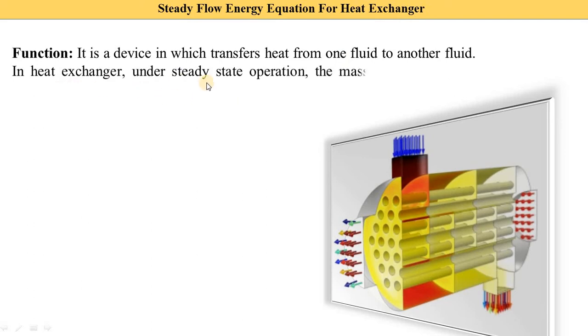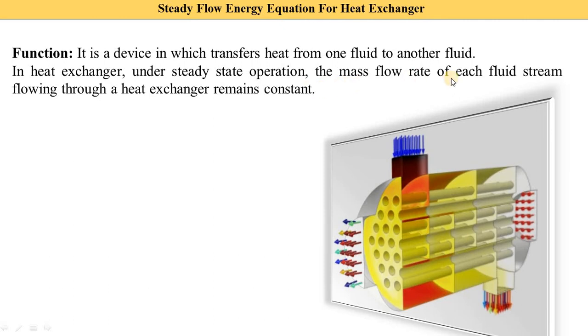In a heat exchanger under steady state operation, the mass flow rate of each fluid stream flowing through the heat exchanger remains constant. One stream is called the hot stream and the second is called the cold stream.